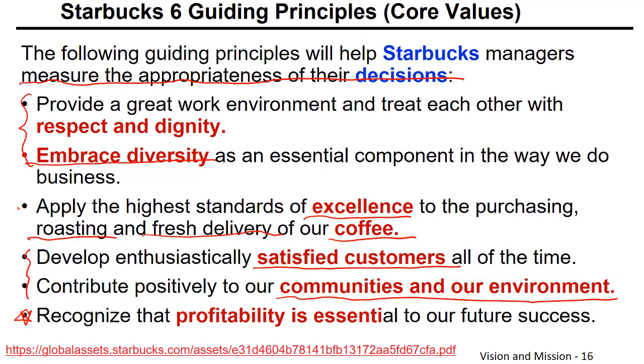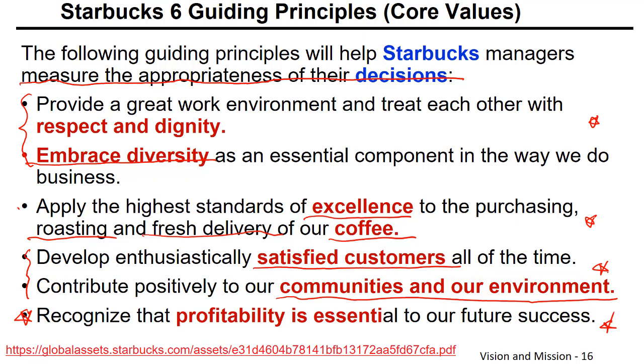But at the end, they point out pointedly that they need to recognize that profitability is essential to their success. So from the internal work environment for employees, to their product, to the external environment, and eventually profitability, the six guiding principles are laid out quite nicely.